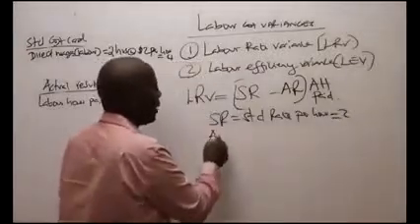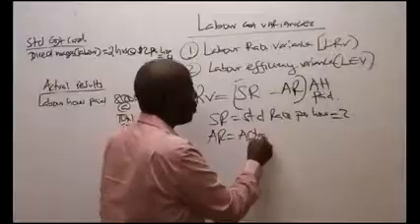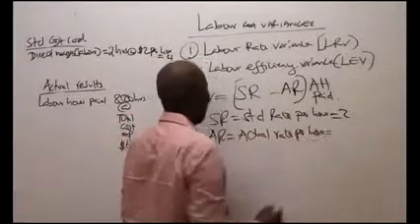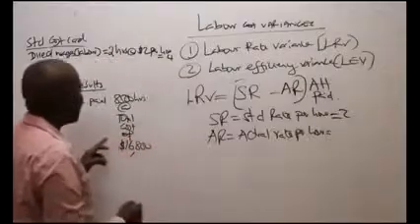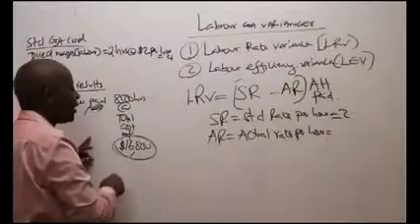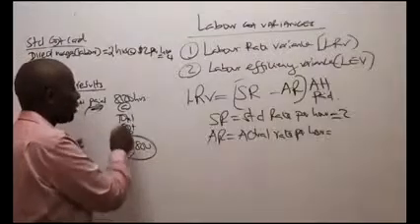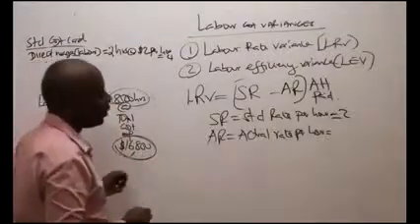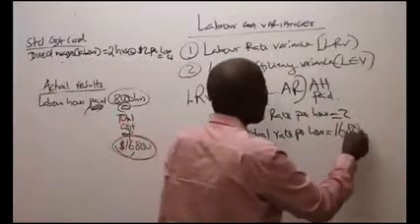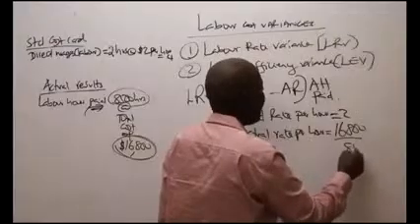How about AR? AR stands for the actual rate per hour, the actual payment per hour. My labor indeed cost me 16,800, but with this 16,800, I procured 8,500 hours. So the actual rate per hour will be 16,800 divided by 8,500.